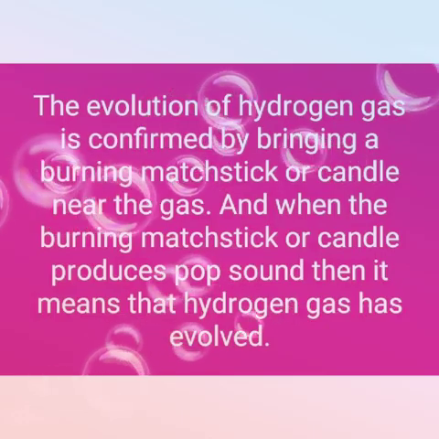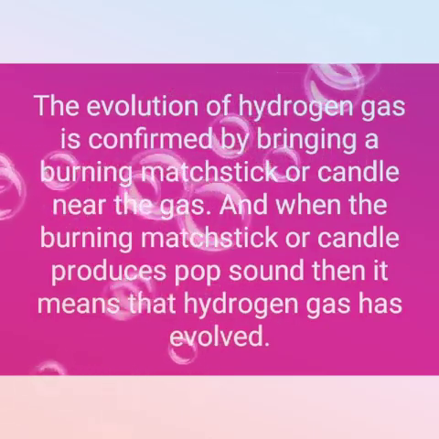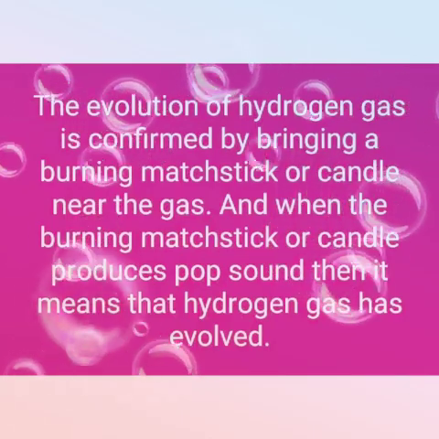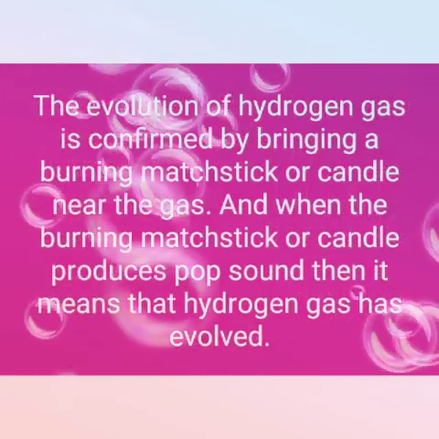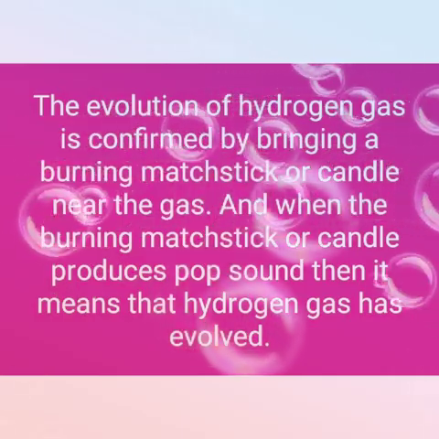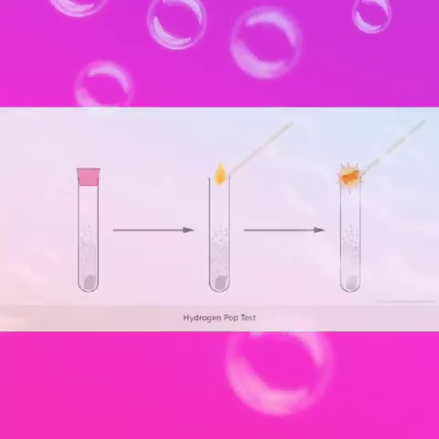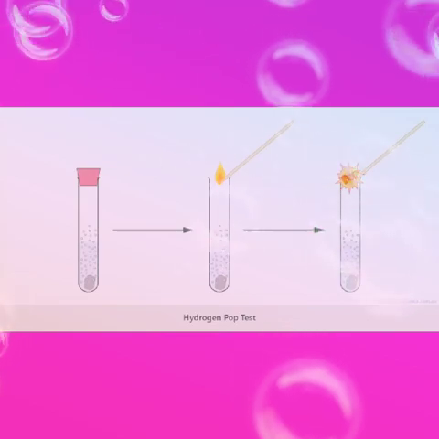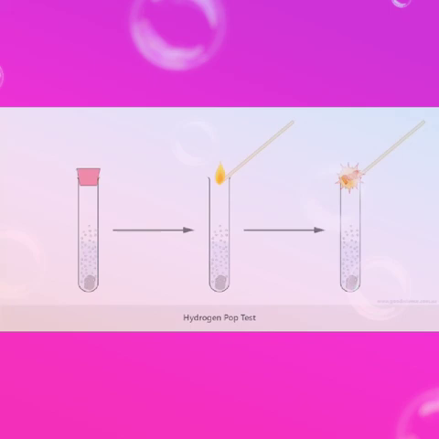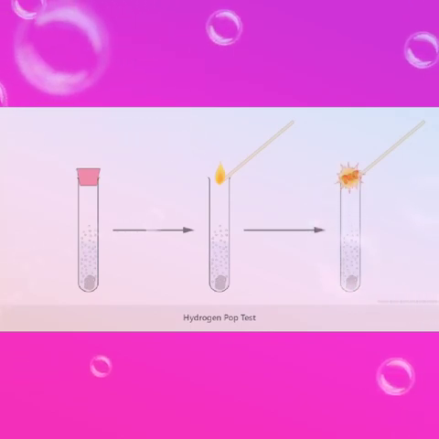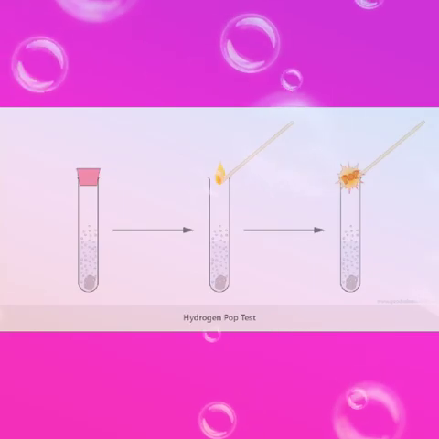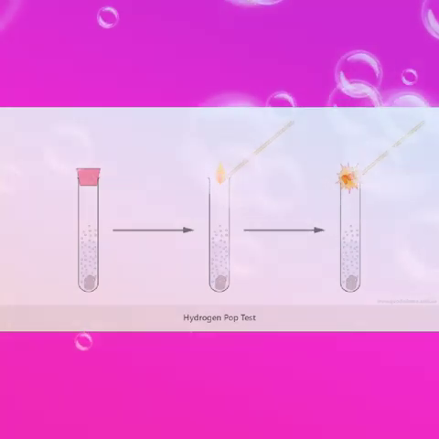The evolution of hydrogen gas, when the reaction between an acid and a metal takes place, can be confirmed by performing a little experiment. To test for the evolution of hydrogen gas, suppose we take a few iron filings and hydrochloric acid in a test tube, cover the test tube and shake it well.